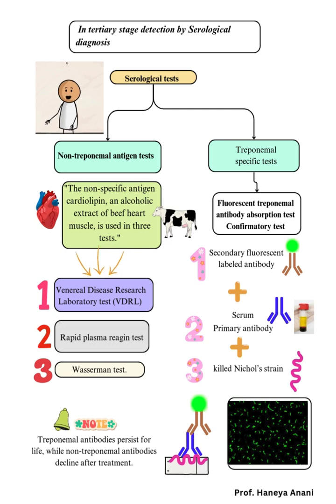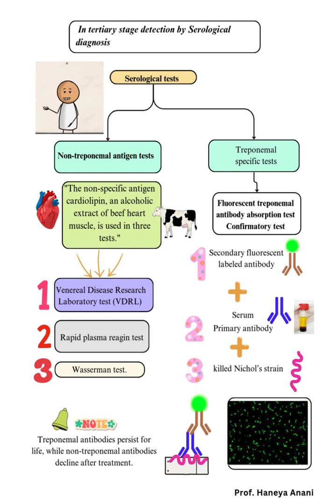In tertiary stage, detection is by serological diagnosis. A. Non-treponemal antigen tests, using nonspecific antigen cardiolipin, which is an alcoholic extract of beef heart muscle, in the form of 1. Venereal Disease Research Laboratory test, VDRL. 2. Rapid Plasma Reagin test. 3. Wassermann test, less widely used than VDRL test.